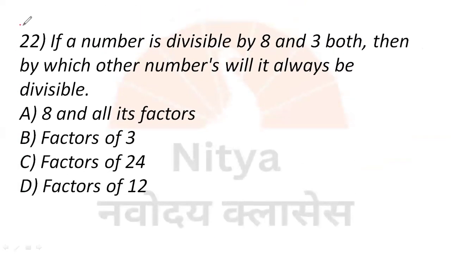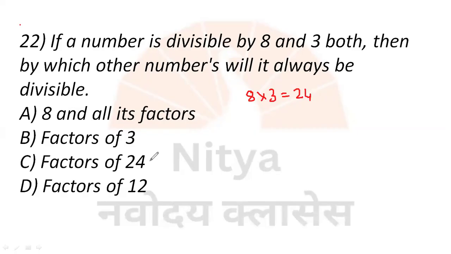22. If a number is divisible by 8 and 3 both, then by which other numbers will it always be divisible? Okay. If a number is divisible by 8 and 3 both, then it must be divisible by 8 into 3, 24.